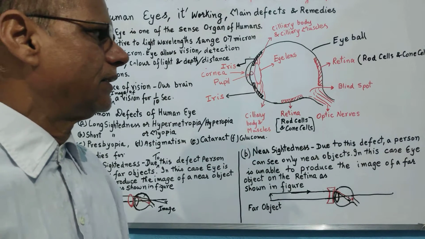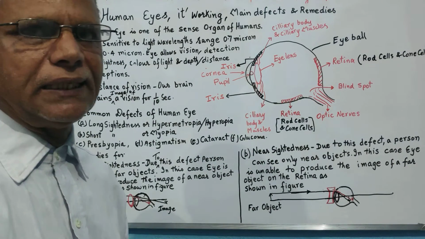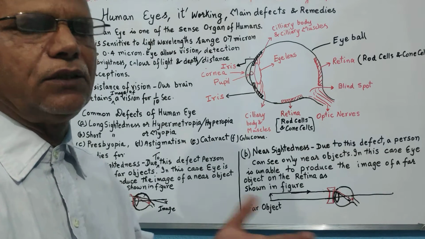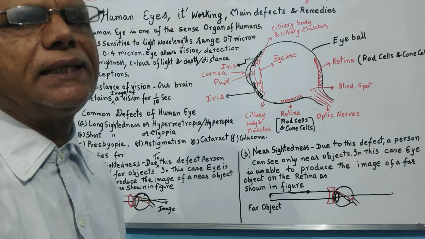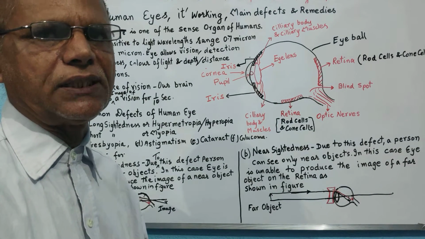Our brain has a special property to retain the image of any object for approximately 1/10 second. This is known as persistence of vision.